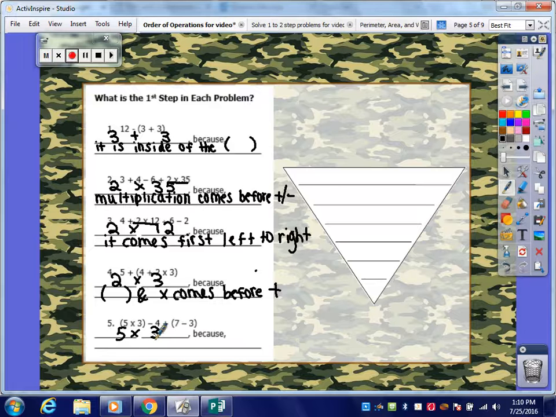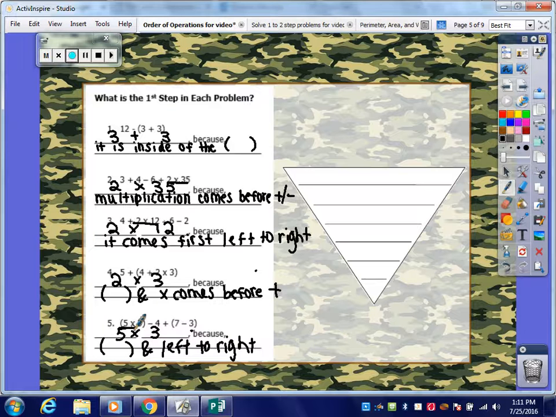Good, because it's in the parentheses, and then we need to go left to right. So, because it's in the parentheses, even though we have 2 sets of parentheses, you need to do the one that comes first, left to right.